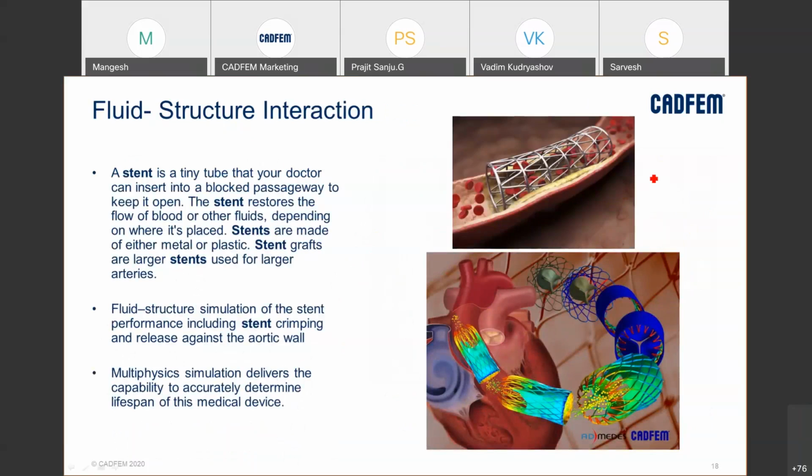Another area where simulation is very effectively used is development of stents. Stents are in place to avoid the narrowing of these arteries, which eventually creates a high pressure, and that will also affect the performance of the heart, because it has to work against this high pressure.